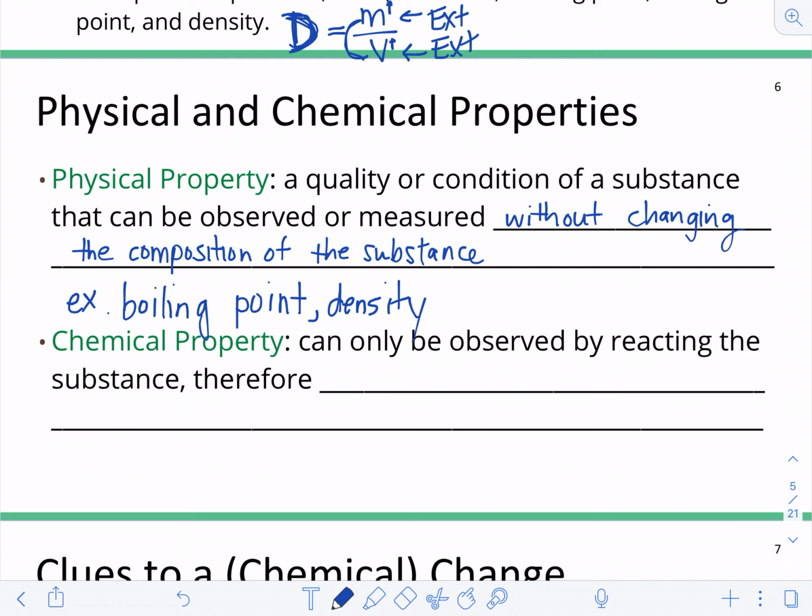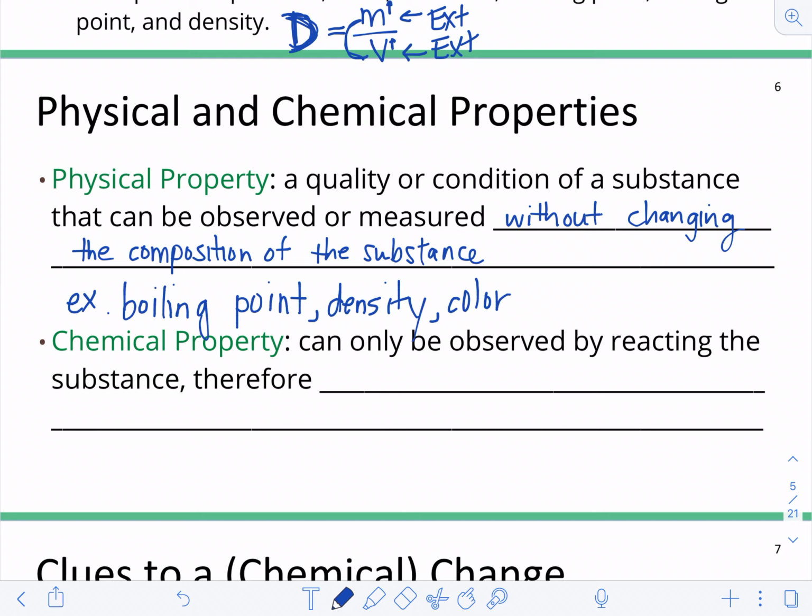I can measure the mass and the volume of a substance, but just because I did that doesn't mean that it magically turns into something else. It's going to remain the same substance. Another physical property could be color. Just by saying, oh my gosh, this can is purple, doesn't change the fact that it's a can and it's made out of aluminum.